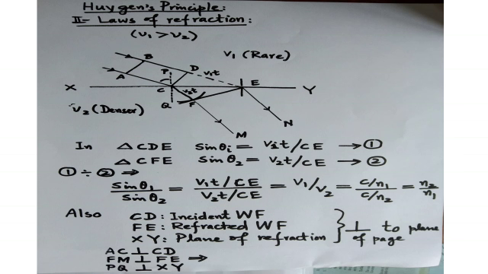So suppose this portion of the page represents the first medium whose refractive index is n1, where the speed of light is v1, and downstairs here this is a second medium characterized by its refractive index n2, and the speed of light is v2, and we suppose that this second medium is denser as compared to the first medium.